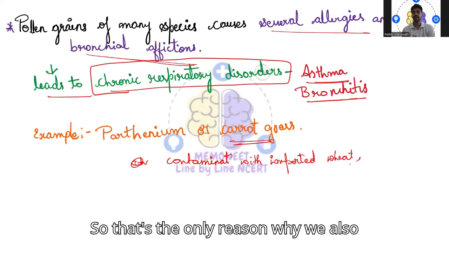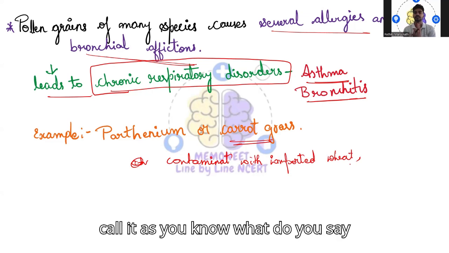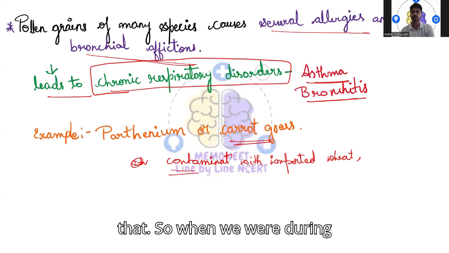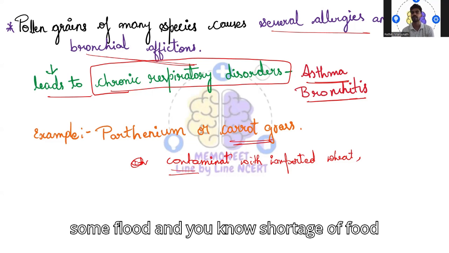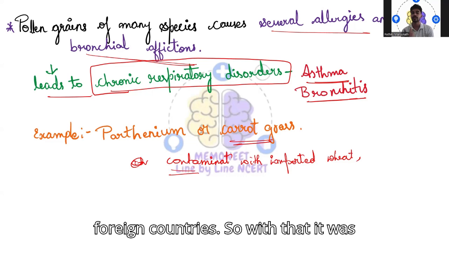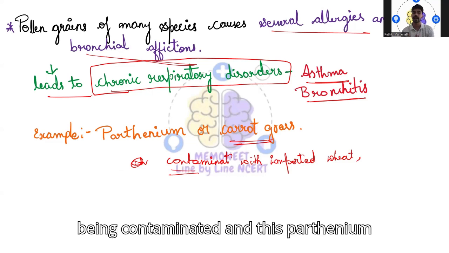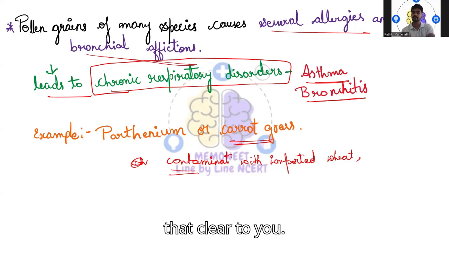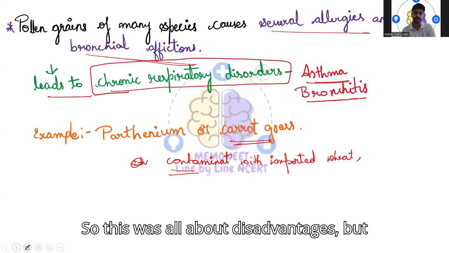That's the reason why we also call it the Congress plant. During a flood and shortage of food, when we imported wheat from foreign countries, it was contaminated, and Parthenium was introduced in India through that. Clear to you? So this was all about disadvantages.